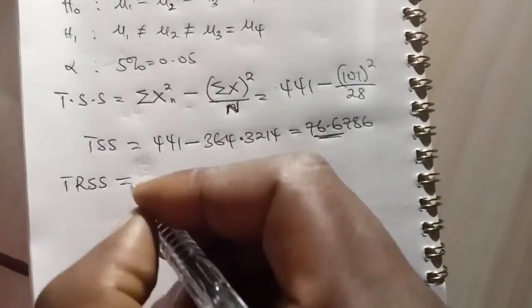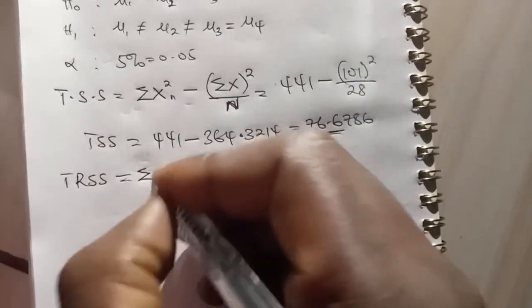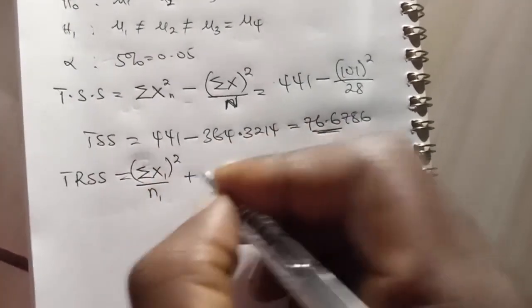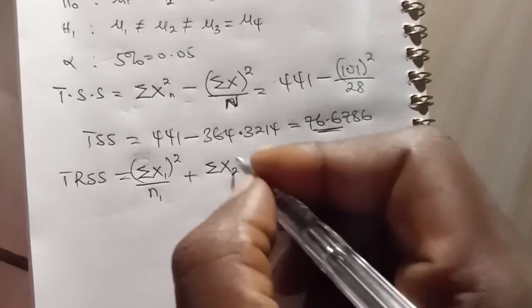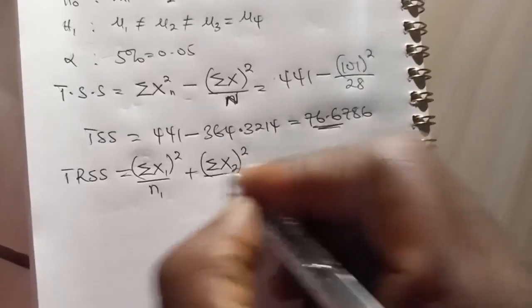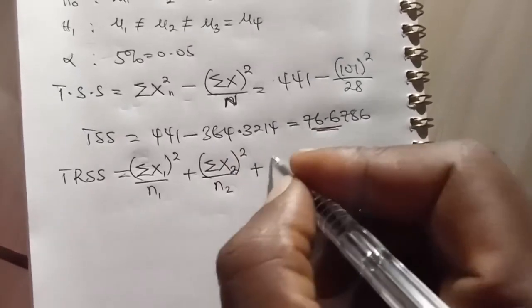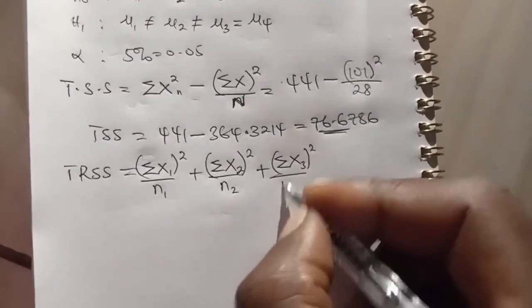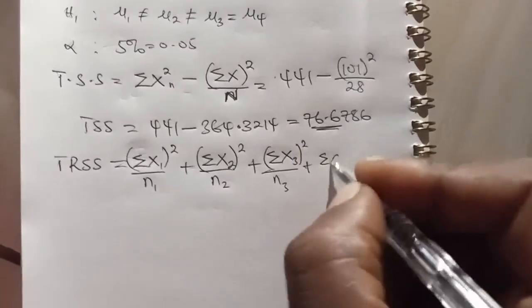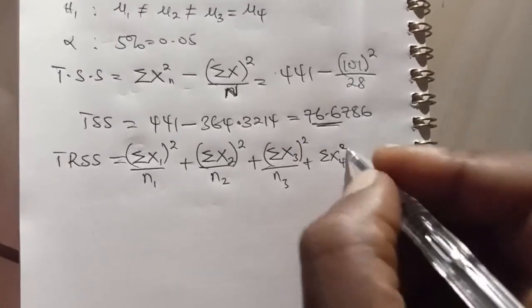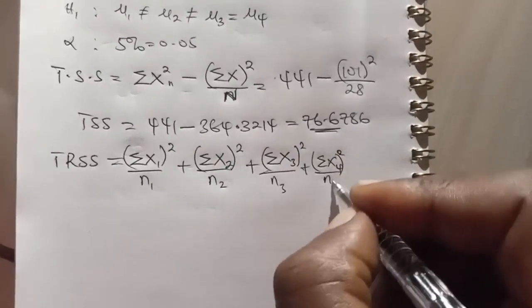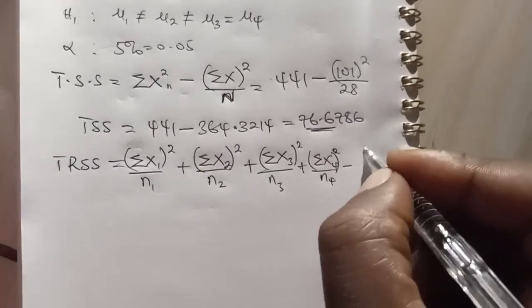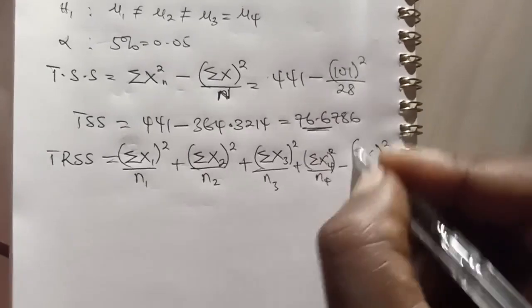Treatment sum of squared is given as summation x1 squared over n1 plus summation x2 squared over n2 plus summation x3 squared over n3 plus summation x4 squared over n4 minus this correction factor, which is summation x all squared over n.